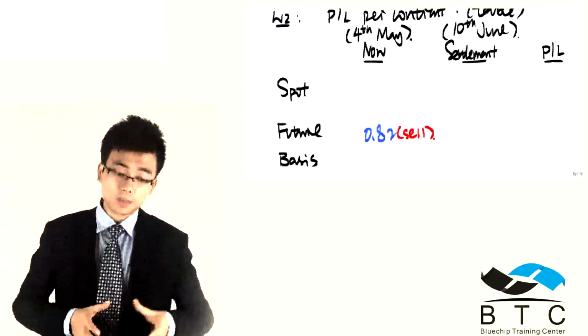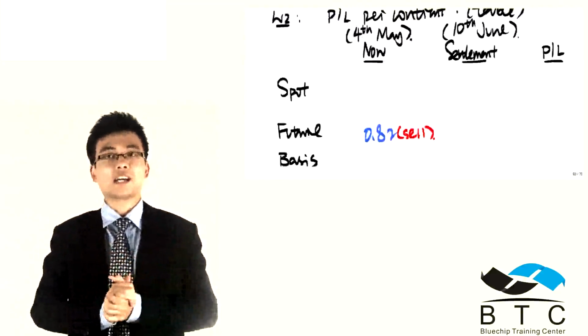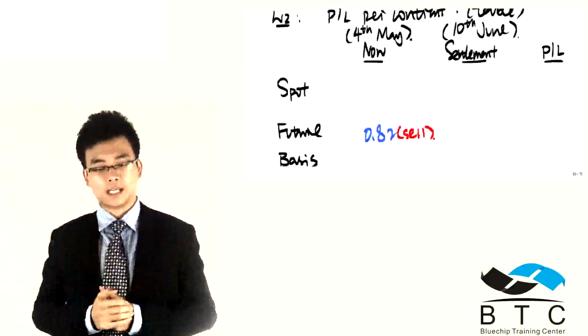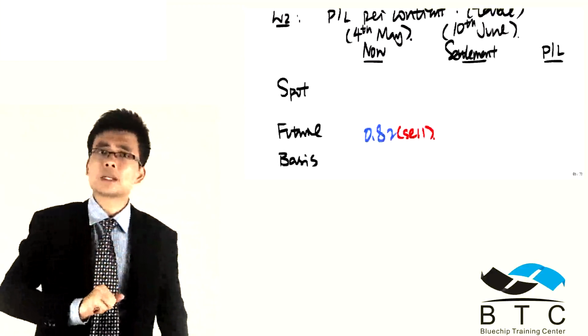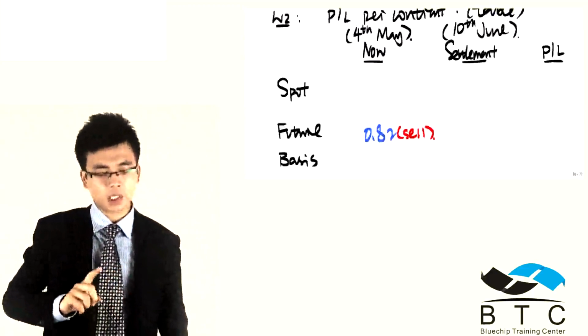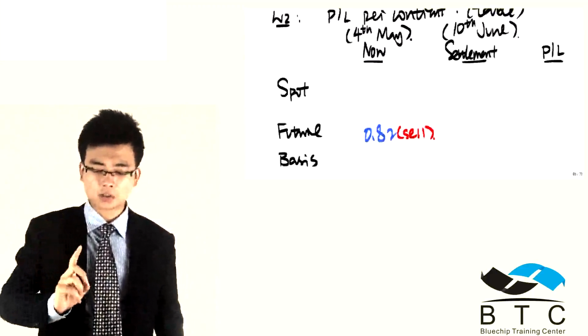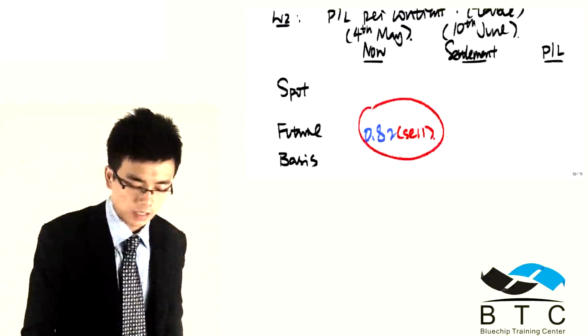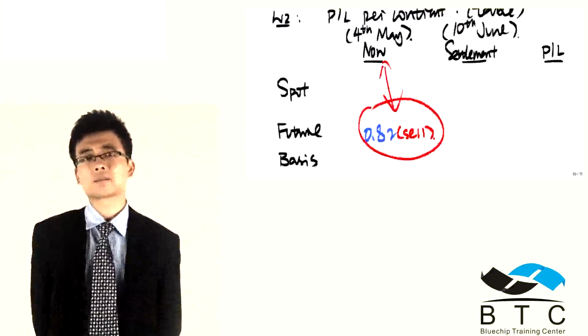Well, of course, the answer is we're going to sell it off on the settlement date, which is on 10th June 2013. You may have a question: since we are going to sell it off on the future date, why are we going to put this figure into today's column?